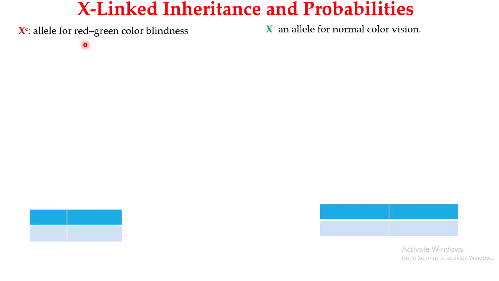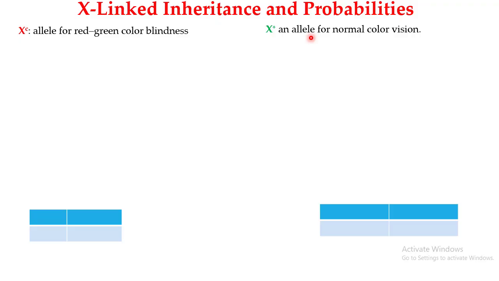Now the normal allele, in this case, we represent with an X, again representing that the gene is present on the X chromosome, and a plus in its superscript indicates that we are talking about an allele for normal color vision.